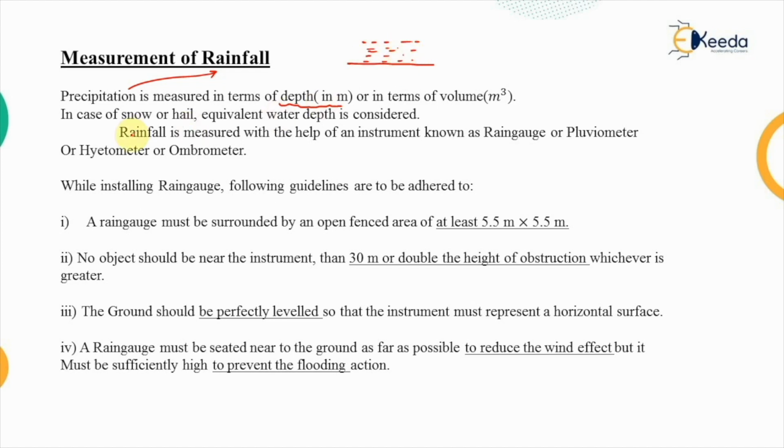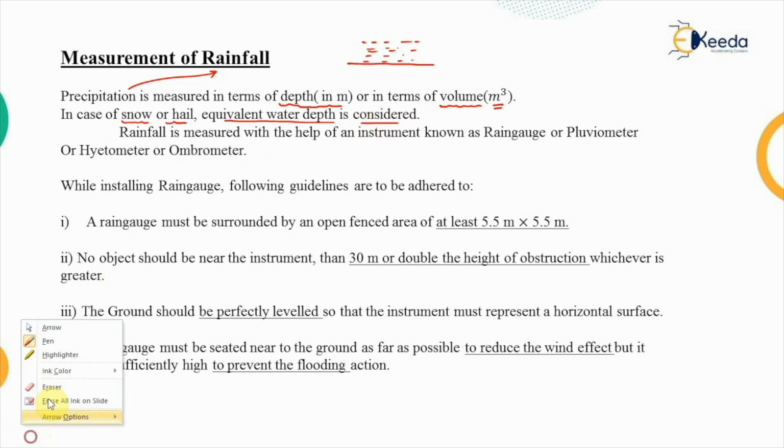The other way is in terms of volume, in cubic meters. If there is another form of precipitation, for example snow or hail, then the correspondingly equivalent water depth is considered.